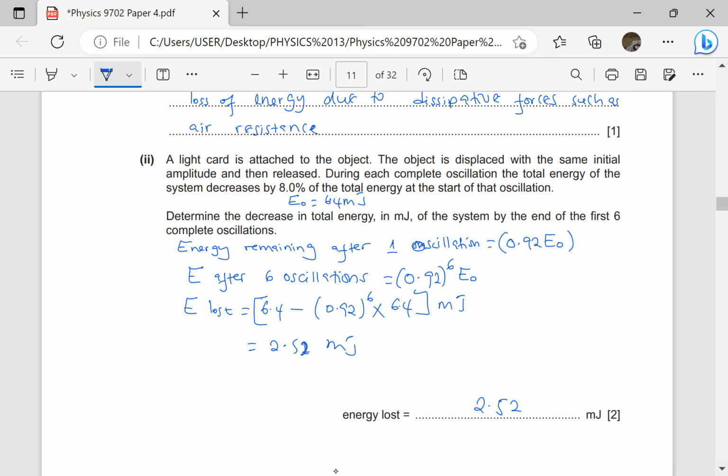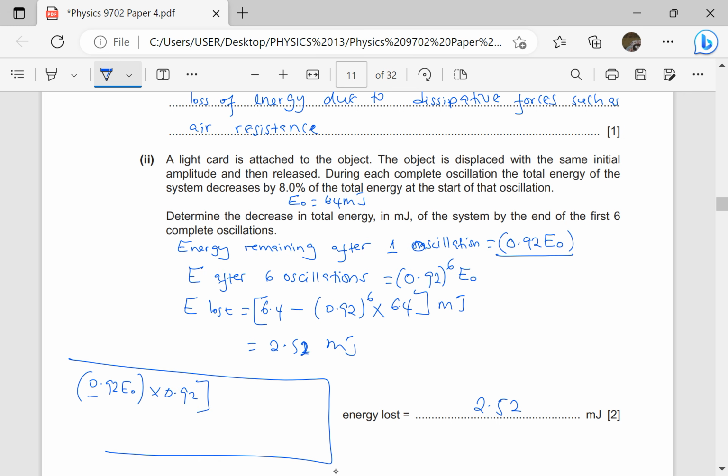Note how I arrived at 0.92 power 6. Let me do this for a layman who doesn't do mathematics. After one oscillation, we remain with 0.92 times E naught. Then after another oscillation, the energy which remains is 0.92 of this, so it will be times 0.92.